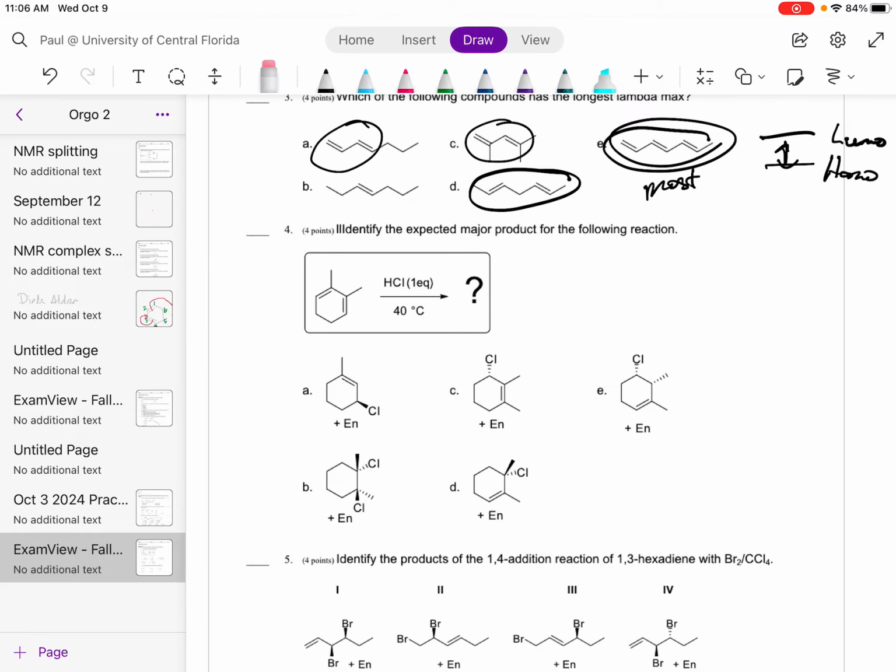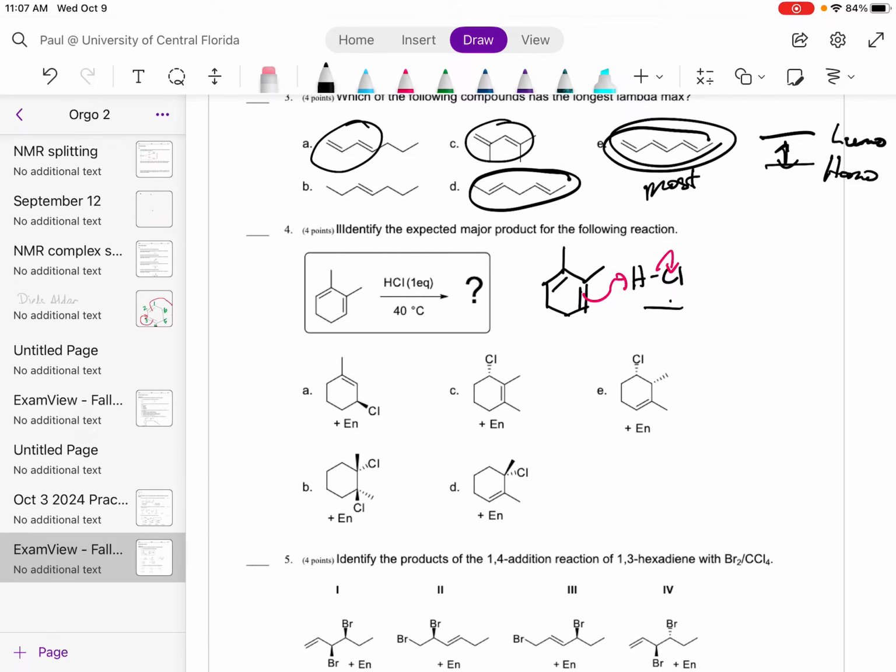Question 4. Identify the expected major product for the following reaction. So in order to do this one, it'd be good to do the mechanism. If we draw, so HCl, we see that it has some heat attached or is being used.